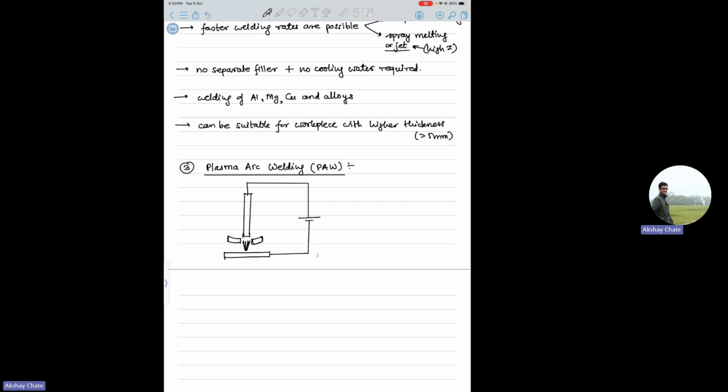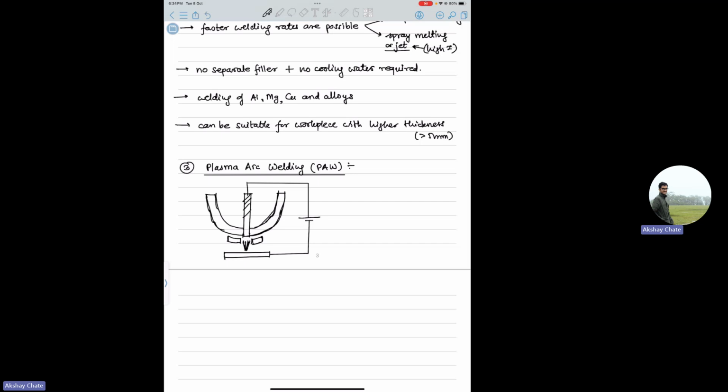You have a ceramic nozzle around this, like this maybe. So this is a ceramic nozzle. My drawing is not that good in this case, but you understand, right? It's a nozzle like this.